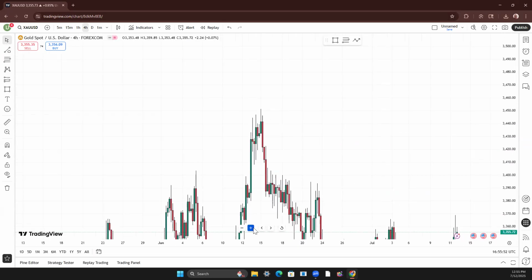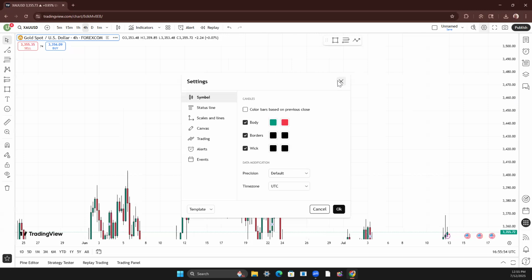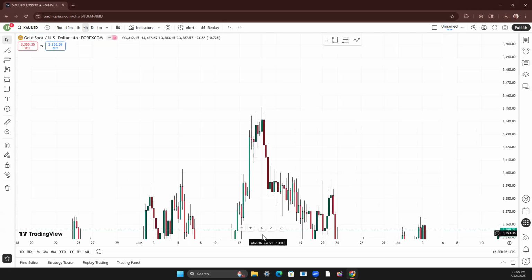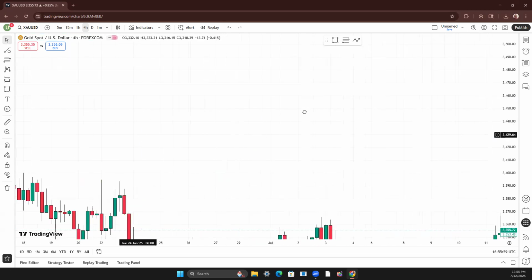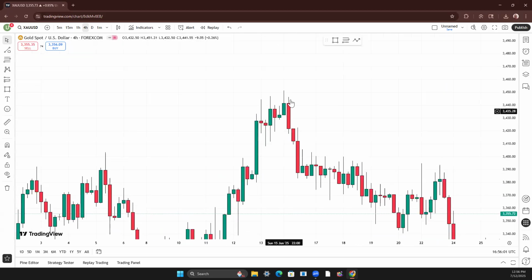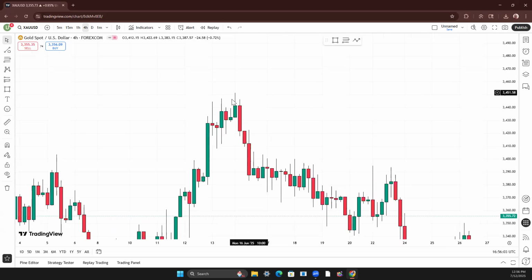At the top of this area right here, what do you see? A shooting star with a bearish engulfing candle. Those two candles I want you to box out.